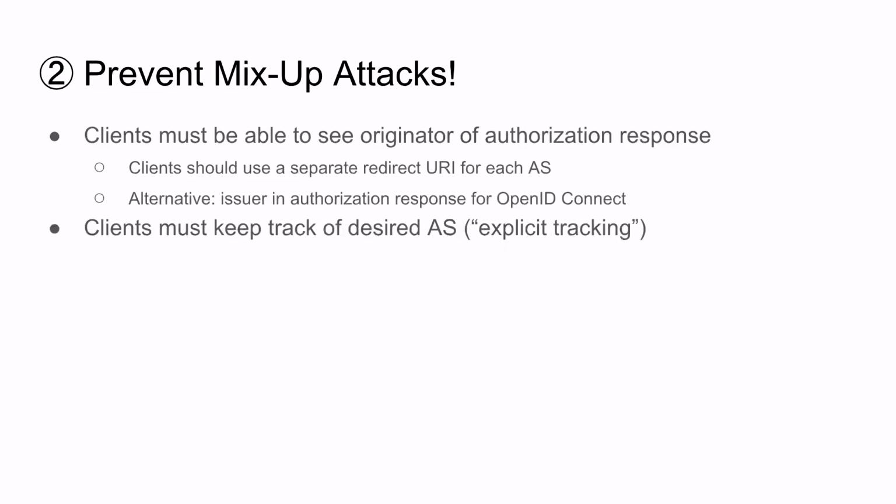So the client exactly sees from which AS a response comes, the authorization response comes. You get that for free if you're using OpenID Connect. You just have to check it. And the client must keep track of which AS was intended, and then ensure that only this AS can send the authorization response.